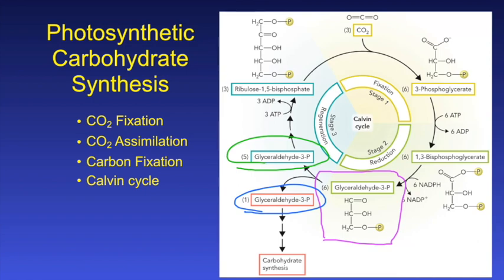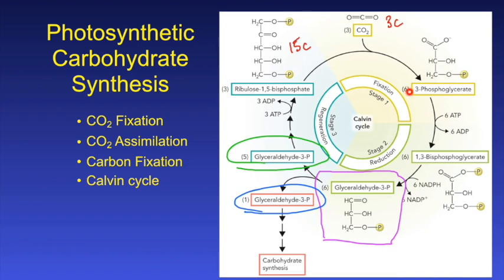And so if I do some stoichiometry here, ribulose 1,5-bisphosphate is a 5-carbon intermediate, and I have 3 of them, so I have 15 carbons right there. I add 3 carbons right here. That means I have an intermediate that has 1, 2, 3 carbons, right?